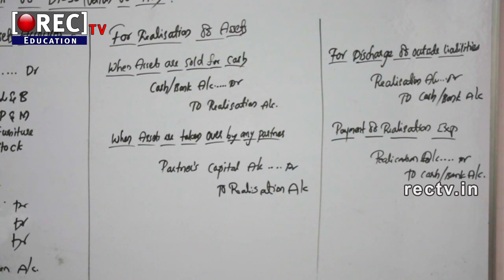Why? Because we have already transferred all the liabilities to the realization account. That means liabilities will not appear separately, so you will debit the realization account, and the cash going out from your firm is credited. So the entry is realization account debit to cash and bank account.